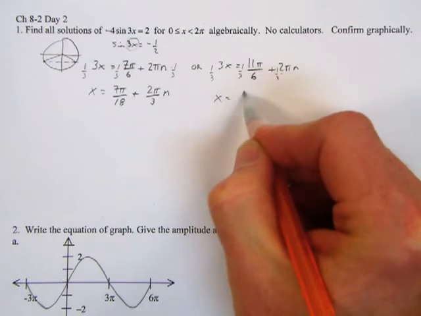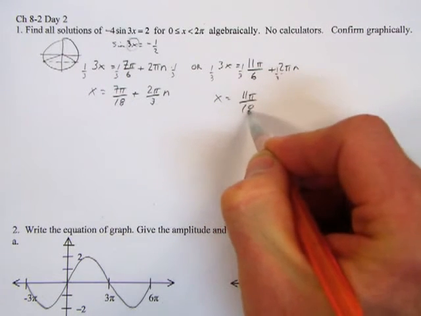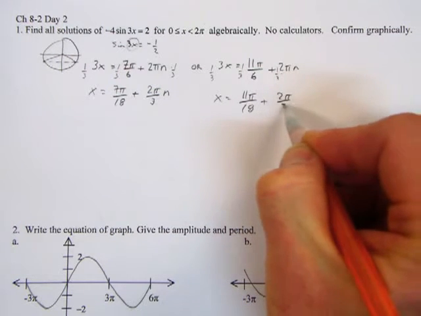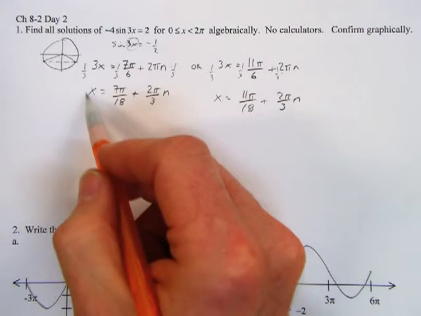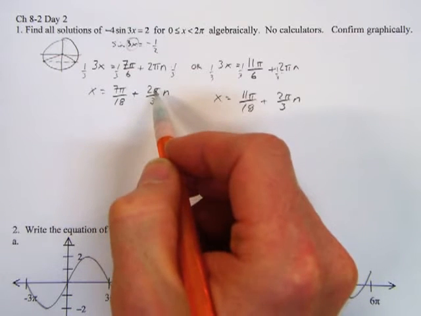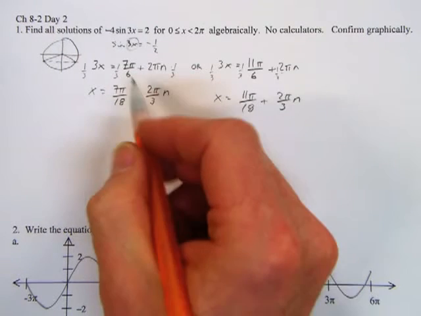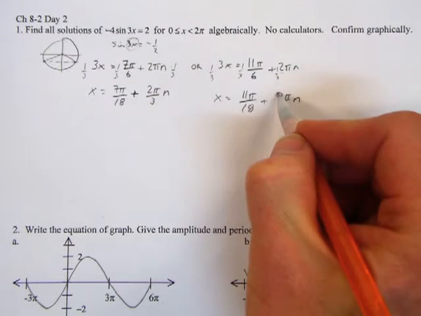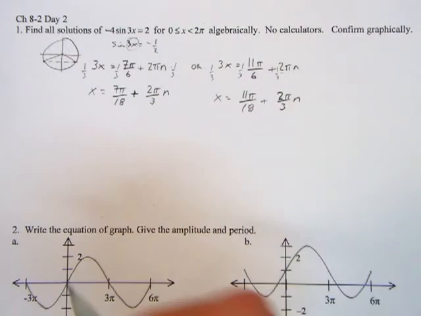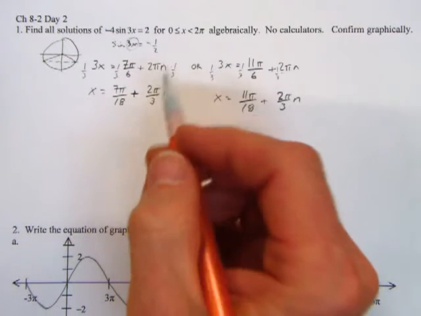So we get x equals 11 pi over 18 plus 2 pi over 3 times n. Notice that when we solve for x, we're not adding 2 pi, but 2 pi over 3, because the period of this trig function has been changed, and we'll show that with a graph in just a second.